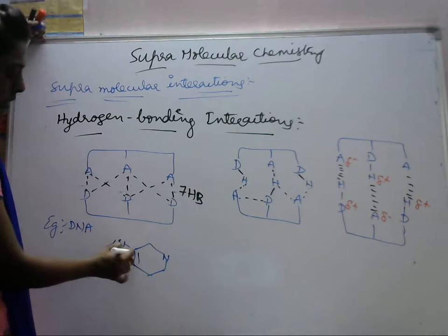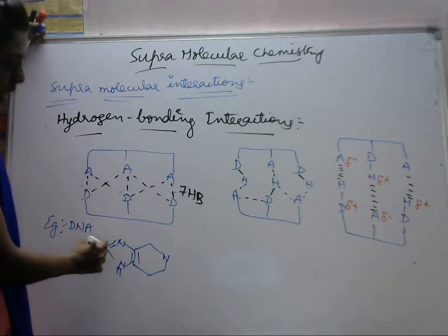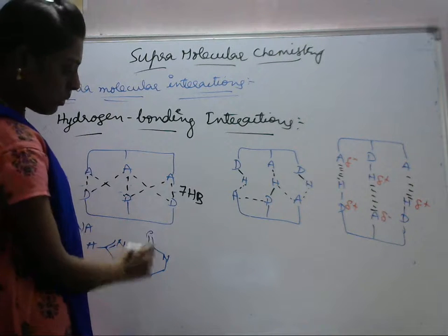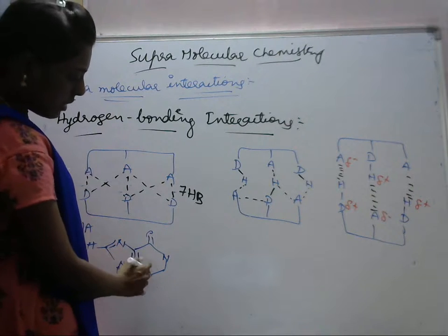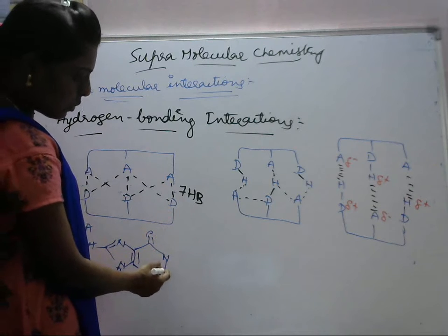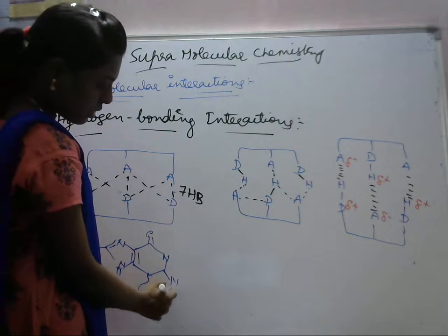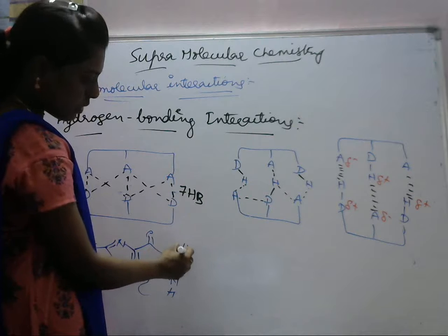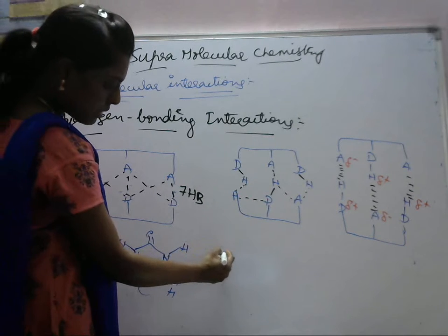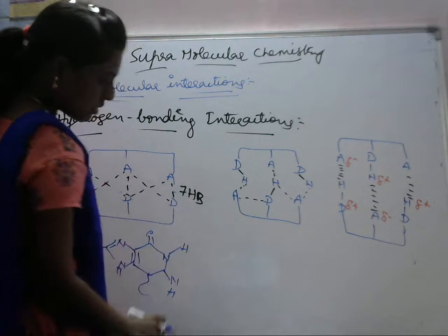We are having it like this. Here we are having hydrogen, and a double bond O will be there, and here it has some groups. NH is there, and here also H is there, and we have to write the cytosine.